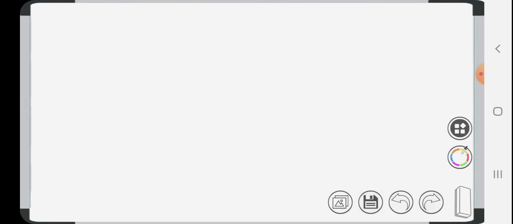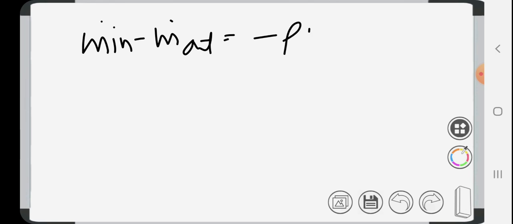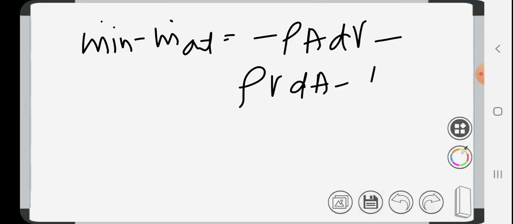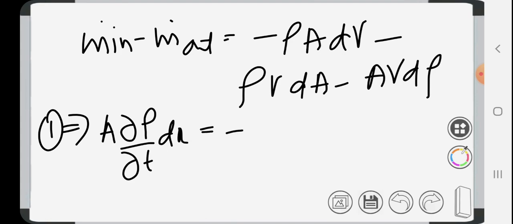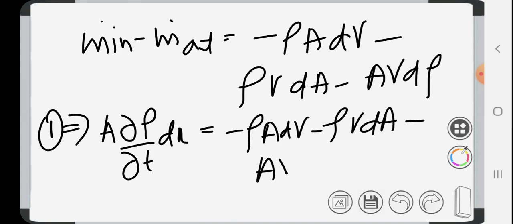Finally, m dot in minus m dot out will be minus rho A dv minus rho v dA minus A v d rho. So equation 1 becomes A dou rho by dou t dx equal to minus rho A dv minus rho v dA minus A v d rho.